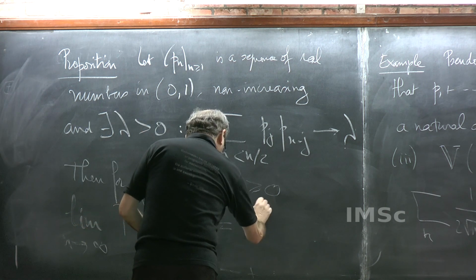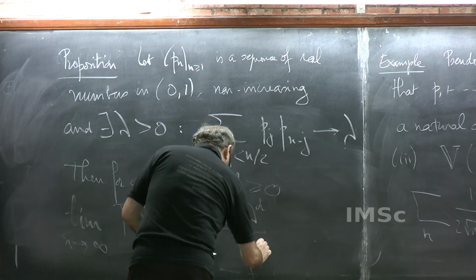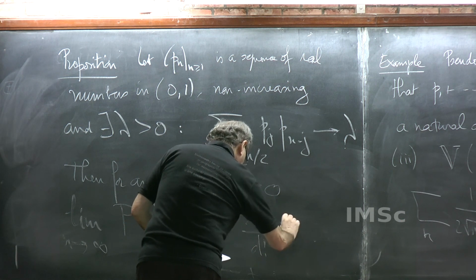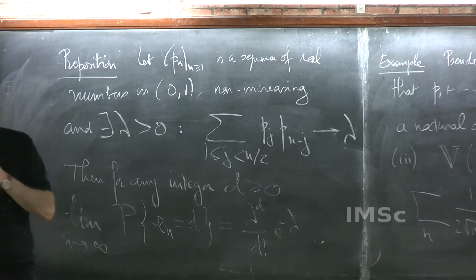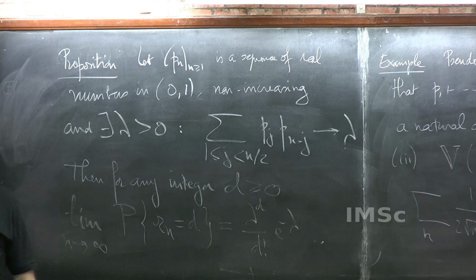This is lambda to the d divided by d factorial, e to the minus lambda. Okay, so let us try to understand what it means and how we can prove that.